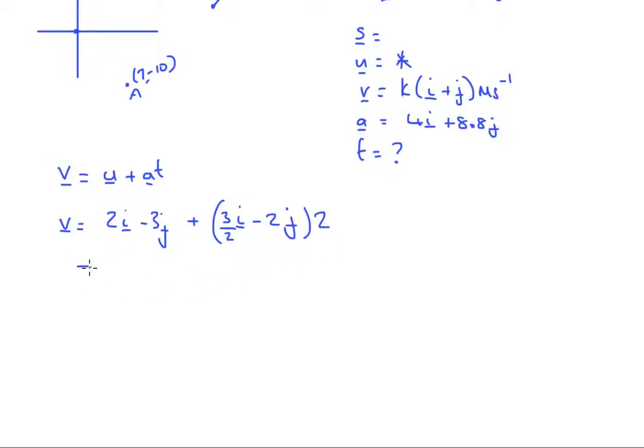So if we work this out, we're going to get 5i minus 7j for the velocity. So that will be now our initial velocity. That's going to go in here. So we've got an equation again linking v, u, a and t.